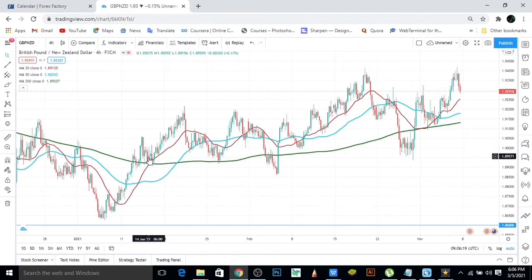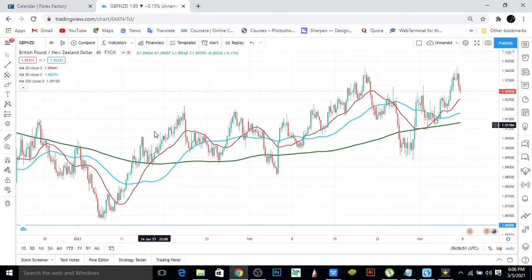Now that you are in an uptrend, usually what do we say? The trend is your friend. When you are in an uptrend, always look only to buy. When you are in a downtrend, always look only to sell.